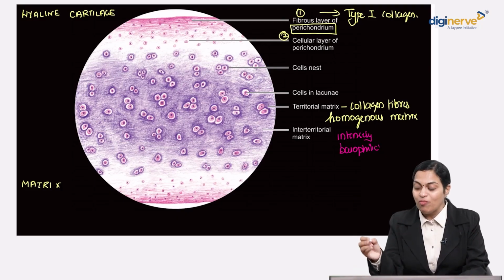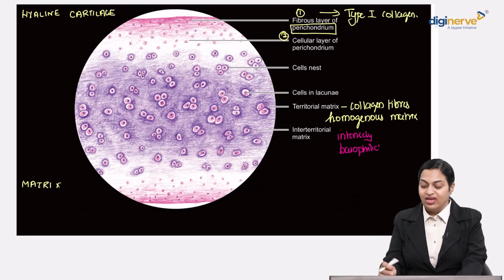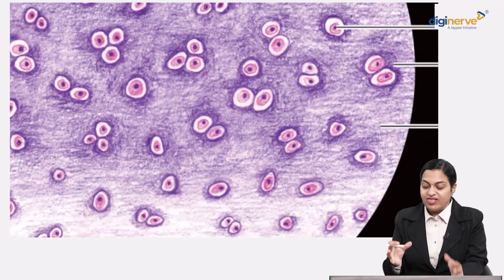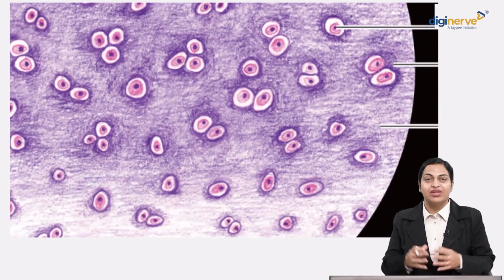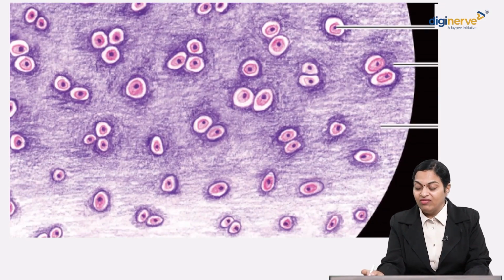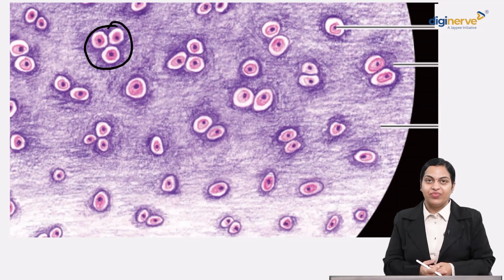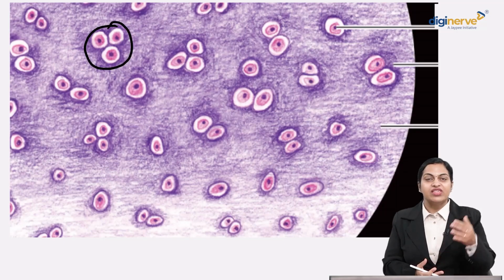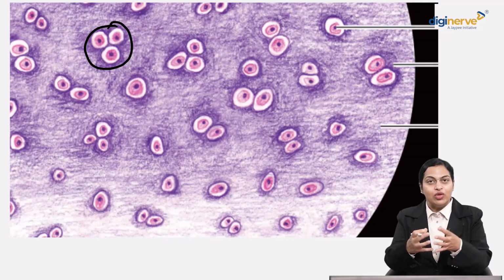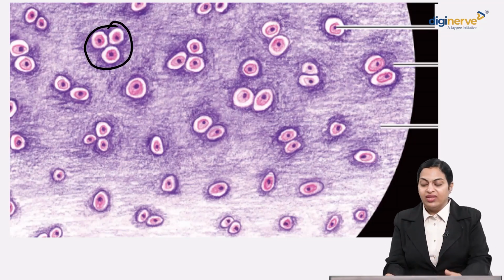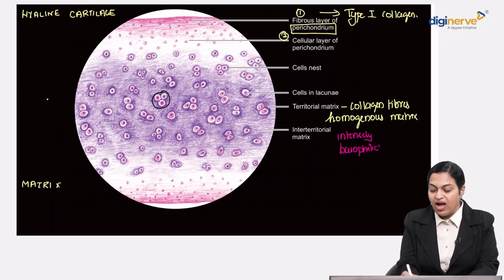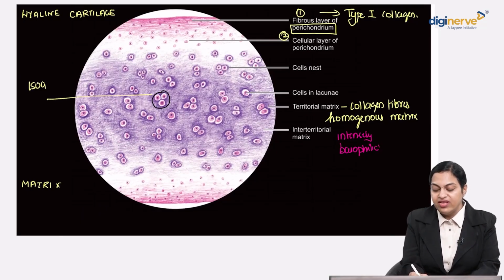Coming to the cellular component, that is also interesting. Can you appreciate? The cells are not singly placed, but they are arranged as groups, and we call them isogenous cell nests. The daughter cells, which are derived from the parent cell by mitosis, remain close to the parent cell, and this is called an isogenous cell nest.